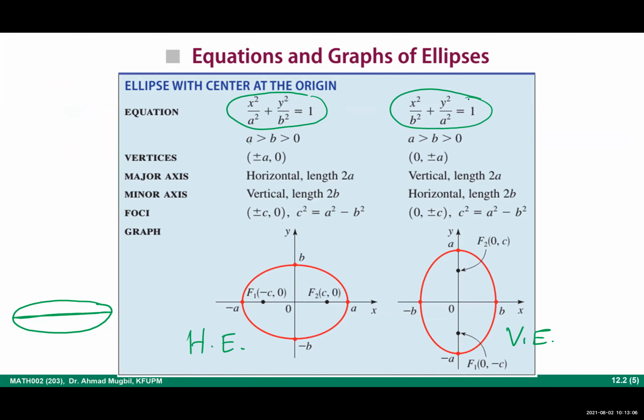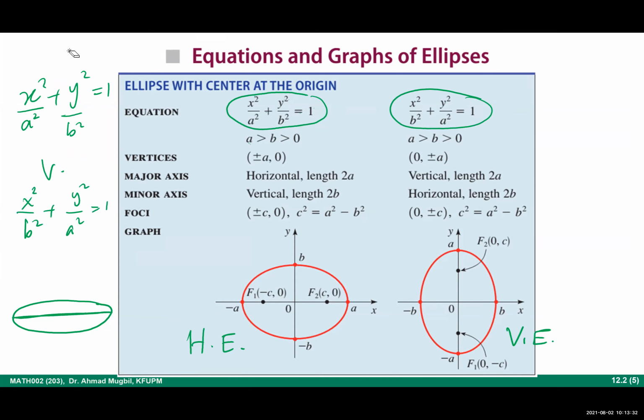The difference is, if it is horizontal, a squared is under x. If it is vertical, a squared is under y. So this is if it is horizontal. If it is vertical, it will be b squared under x and a squared under y, so y squared over a squared plus x squared over b squared equals 1.